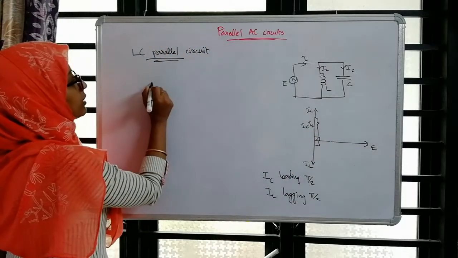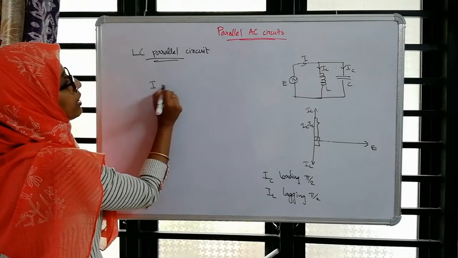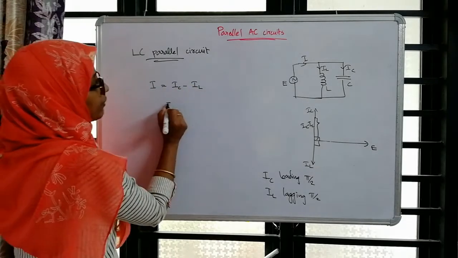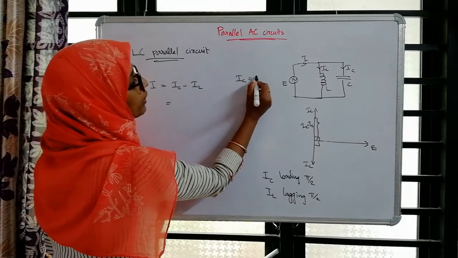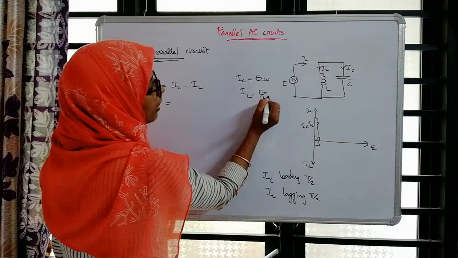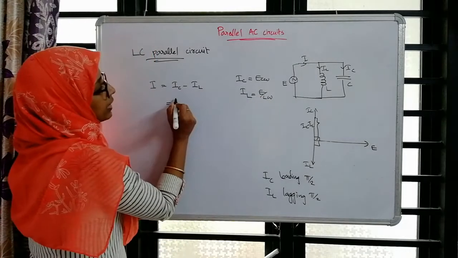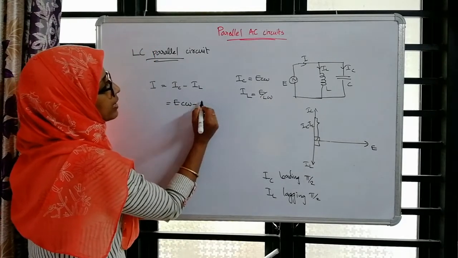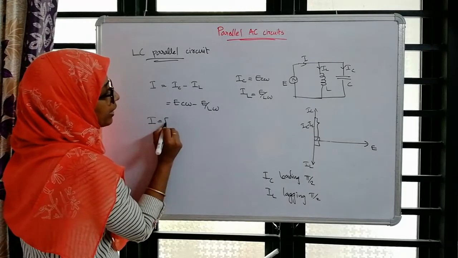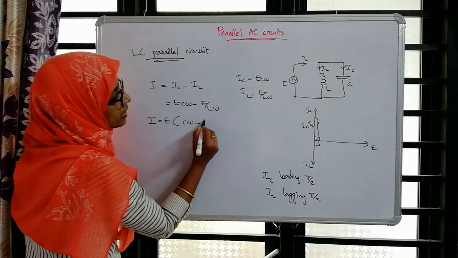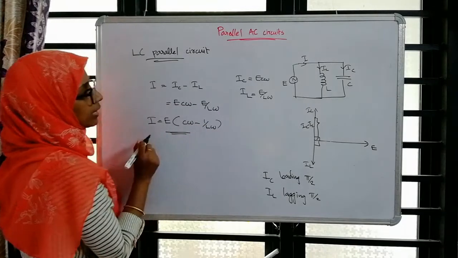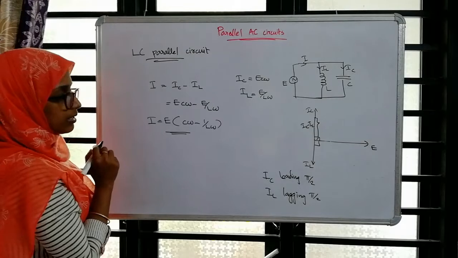That is net effective current I is equal to IC minus IL. And we know IC is equal to EC omega and IL is equal to E by L omega according to Ohm's law. That is EC omega minus E by L omega. That is I is equal to E into C omega minus 1 by L omega. This is the effective current in an LC parallel circuit.